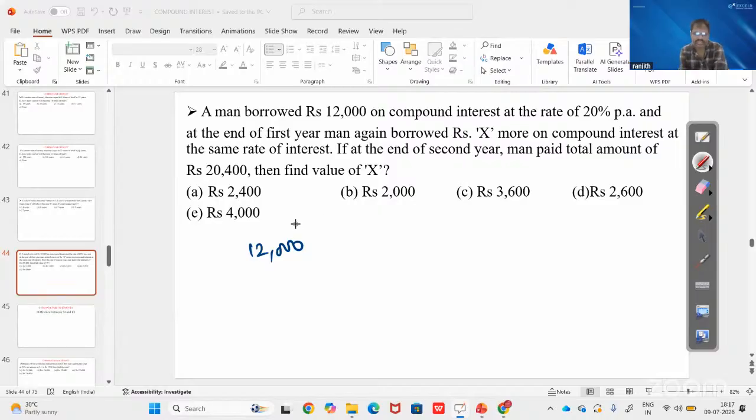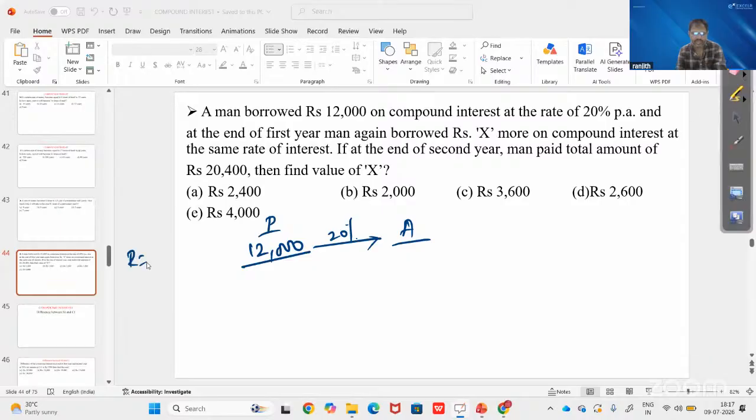So initially our principal equal to 12,000 at 20 percentage per annum. R equal to 20 percentage, which is equal to 1 by 5.